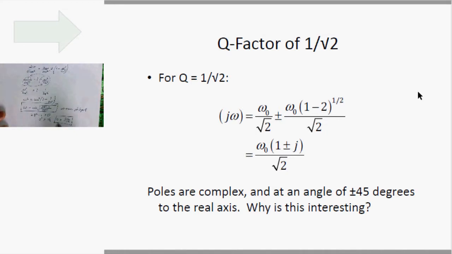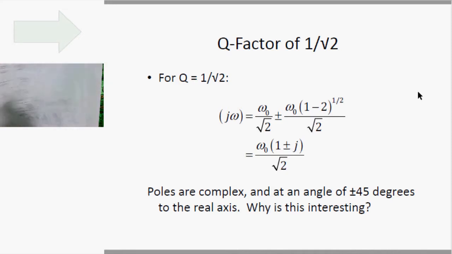It's the value at which you could say that there's a maximum value at omega equals 0, at DC. Or you could say it's the largest value of q at which there is no peak in the response. I think it's a matter of semantics which one you say.